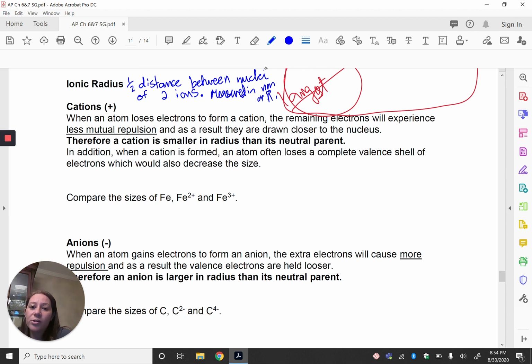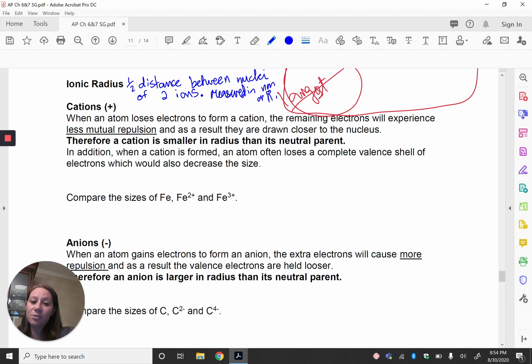So when an atom loses the electrons, the remaining electrons will experience less mutual repulsion, right? So if we had a bunch of electrons there and then I lost some, I have fewer electrons left. And so there's less repulsion between those fewer electrons. You still have the same number of protons, so that attraction is still the same, but the repulsion is less because there's less electrons to repel each other.